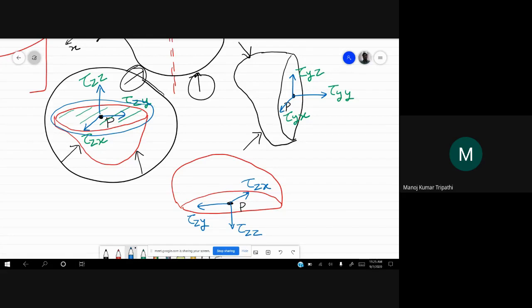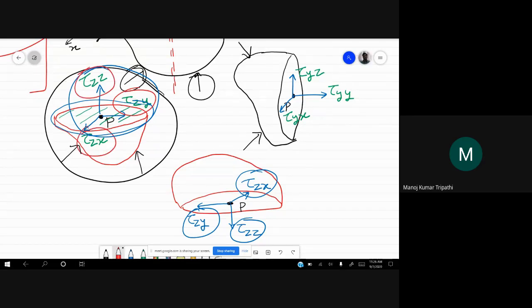We don't need to say that this is some other tau zz and this is some other tau zy and so on. From the equilibrium of forces, we know that on the same surface, we have already defined these forces, tau zz, zy, and zx. So these stress components have to be the same, these ones.